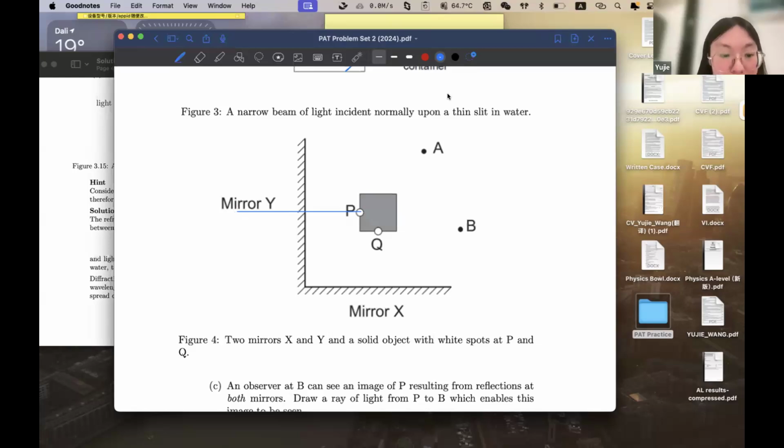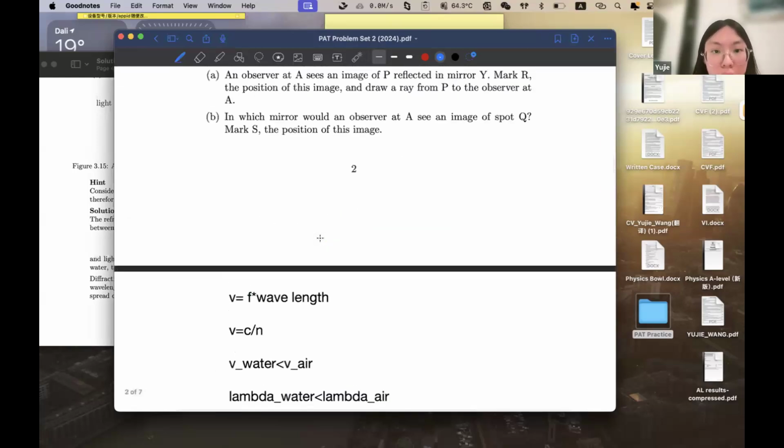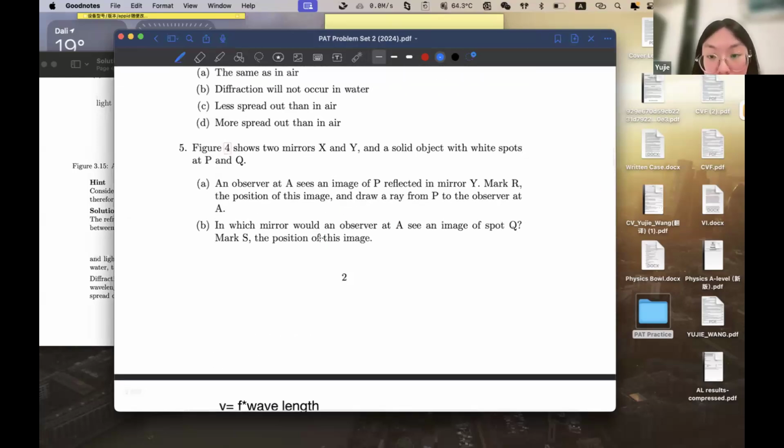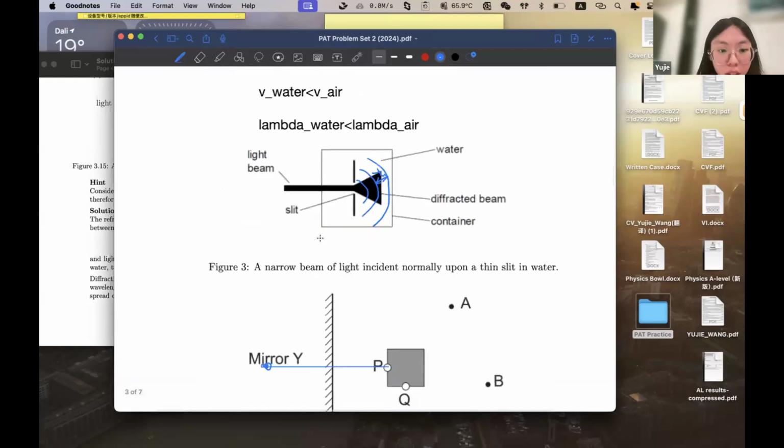Which means the image will be located at the same distance from the mirror Y as point P. So this point would be the image, and we mark it as R.